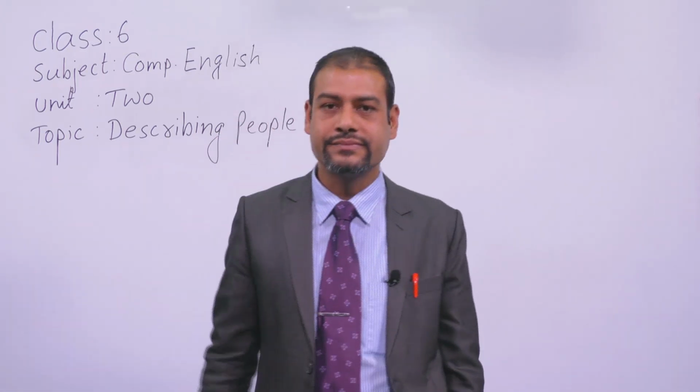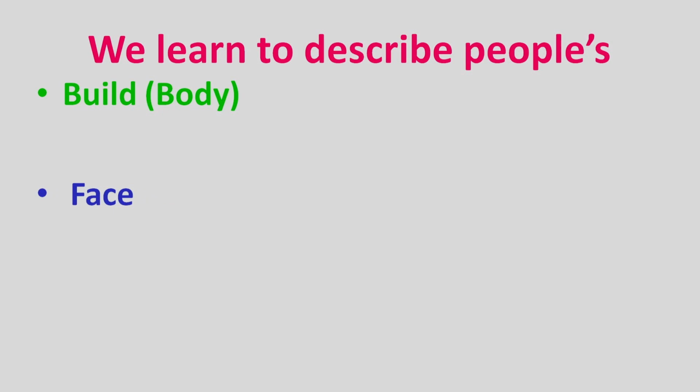Next, we are going to describe the shape of the face of the people. What type of face do the people have? All right. Next, we are going to learn to use the words to describe hair. What type of hair do the people have? Okay.